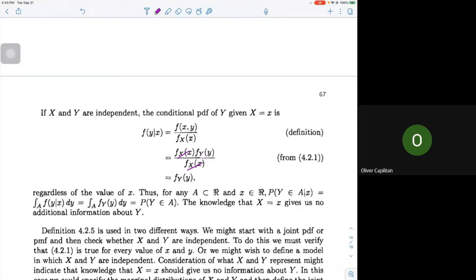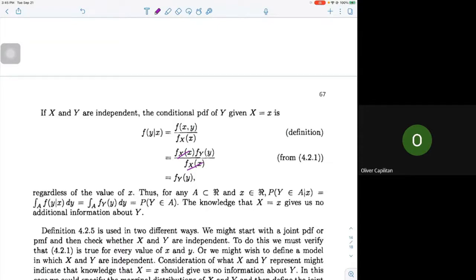So another implication, say x and y are independent, if the conditional of y given x is equal to the marginal PDF or PMF of y, regardless of the value of x, then we have x and y to be independent.